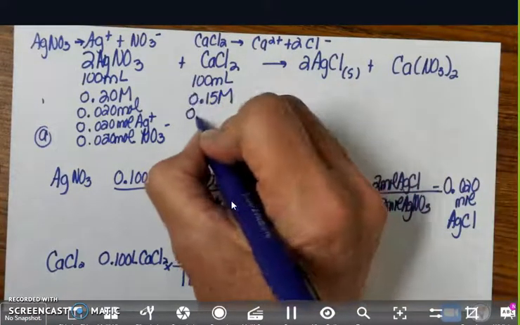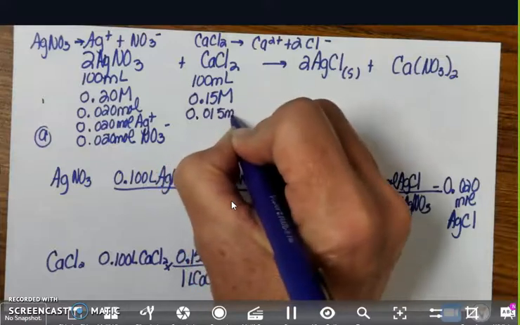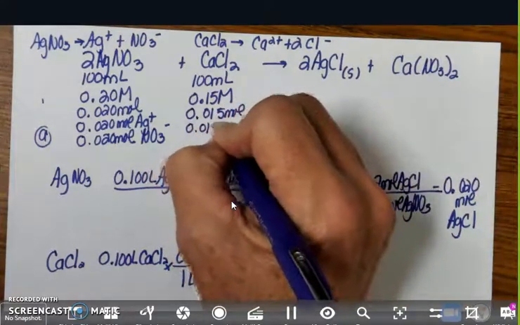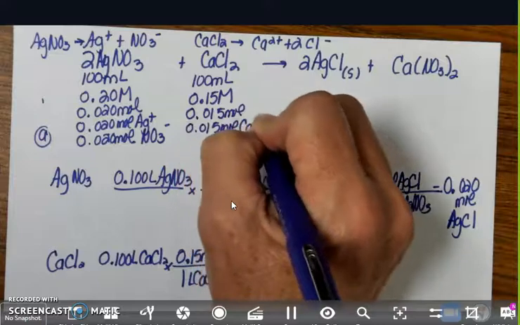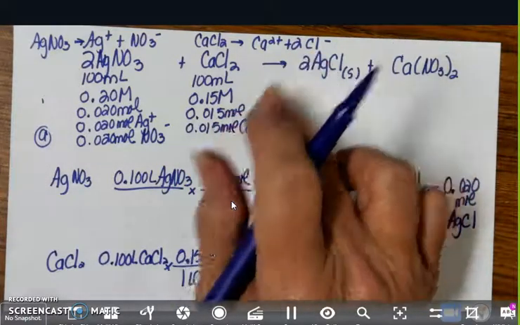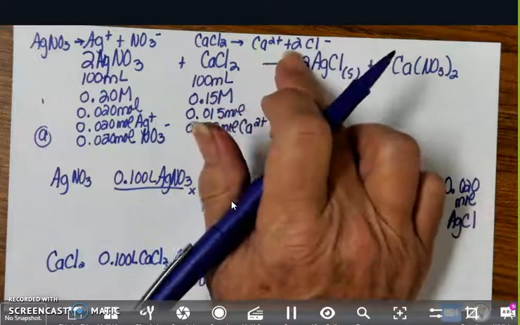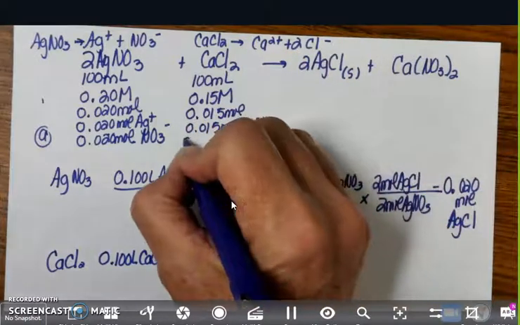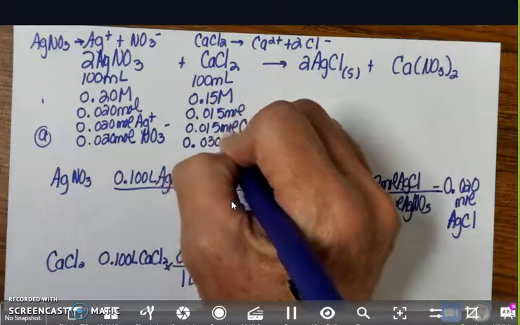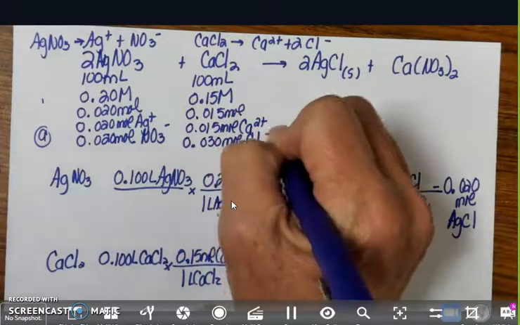So I have 0.015 mole of calcium chloride, 0.015 mole Ca2+. How much Cl- am I going to have? 2 times that, right? Good, very good. Yeah, that's 0.030 mole Cl-. Y'all did good.